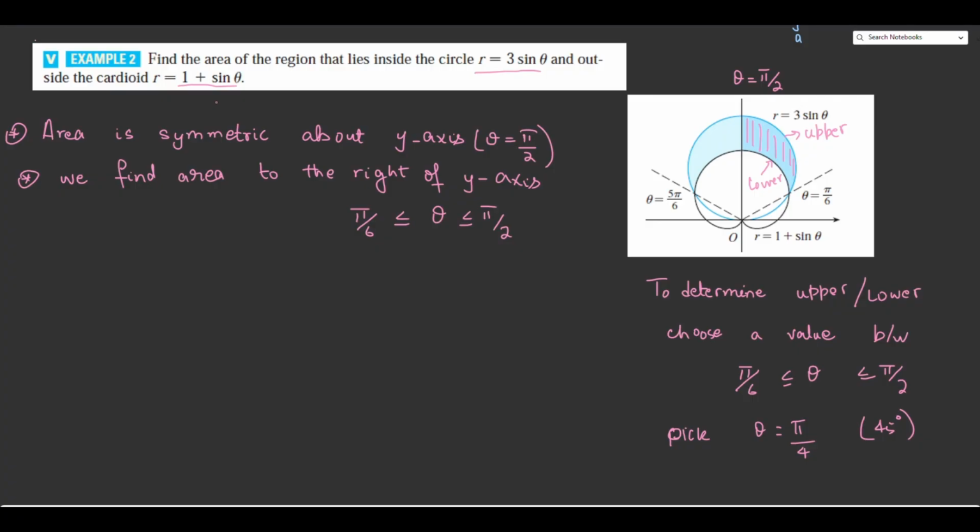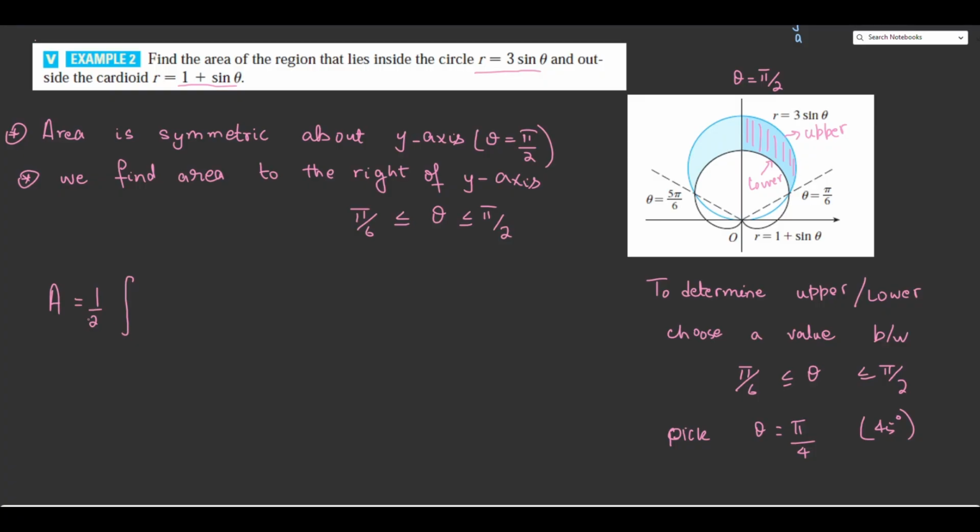The curve that gives you the higher value of r will be your upper curve, and the curve that gives you the smaller value will be your lower curve. That's how you determine them. But here we are given these, so we are going to substitute everything in our formula.